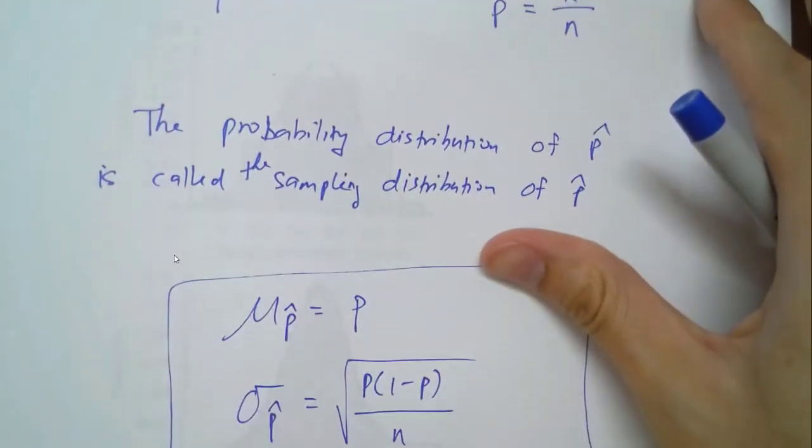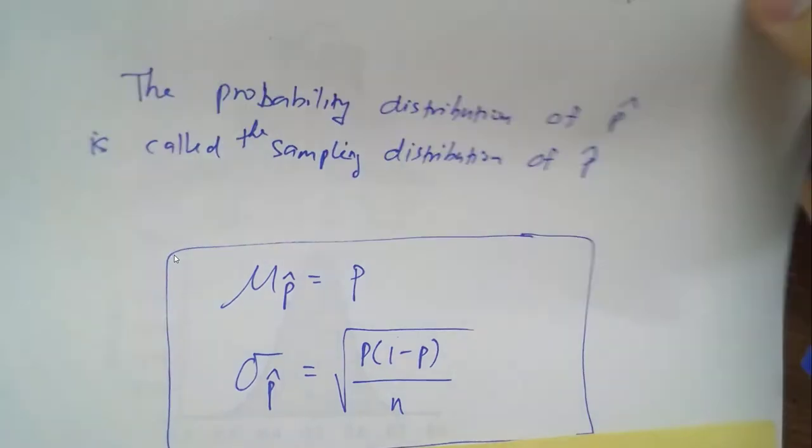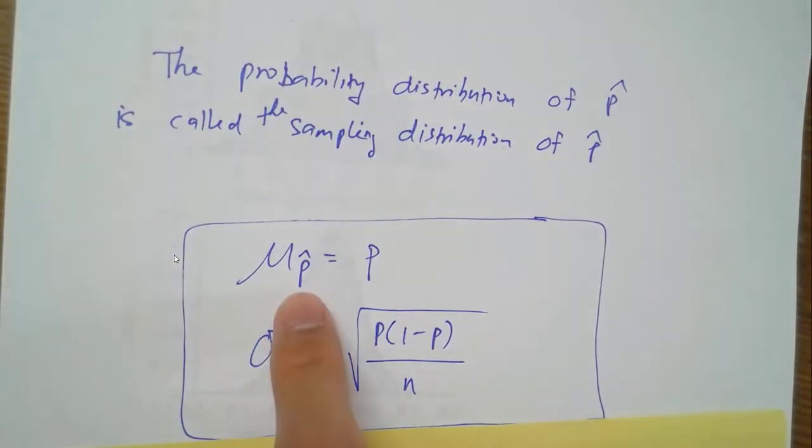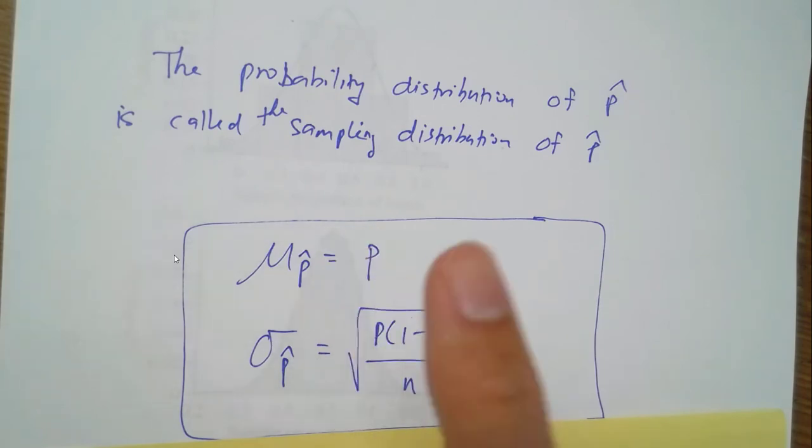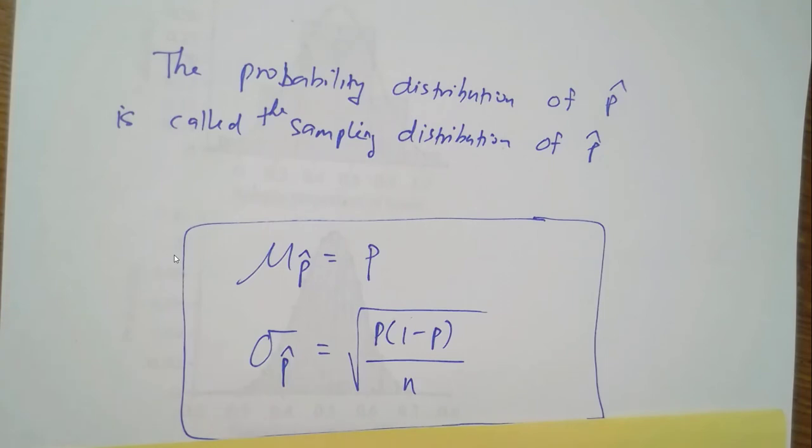From the last section, we also saw that the mean of all the sample proportions approaches the population proportion. However, the standard deviation does not. Remember, from the last section, we saw that only the sample mean, sample variance, and sample proportion are unbiased estimators.